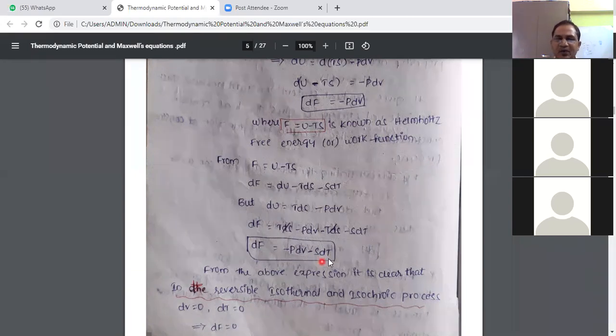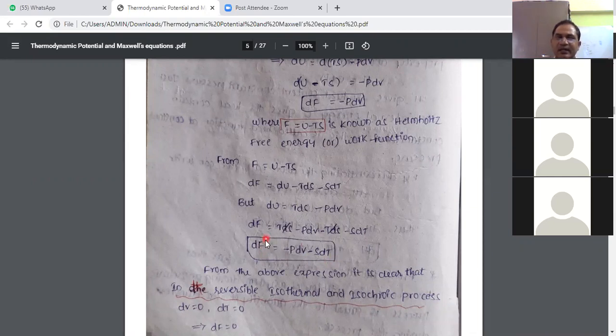Again here, at constant temperature dT is 0, then dF equals minus PdV, so ∂F/∂V at constant T equals minus P. At constant volume, dV equals 0, then you will get dF equals minus SdT.